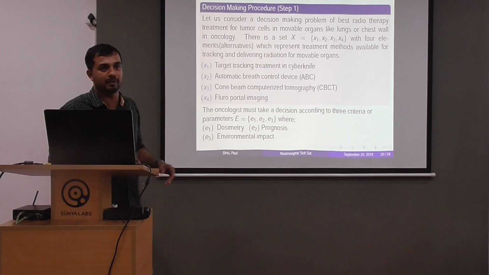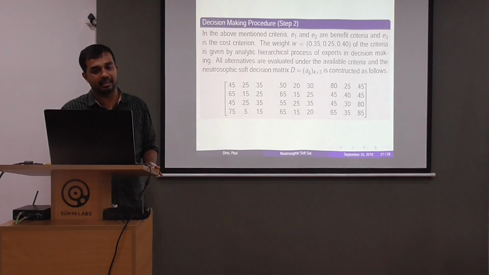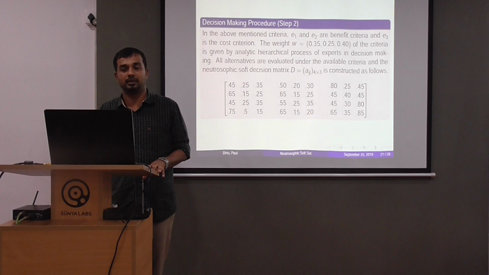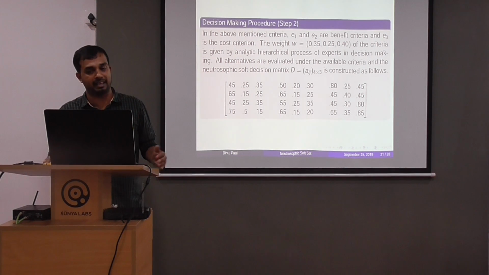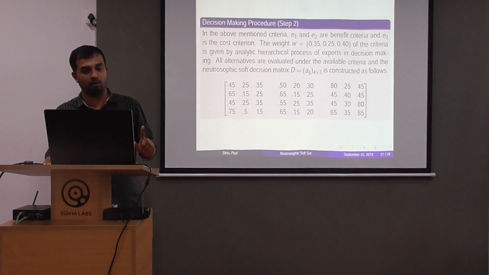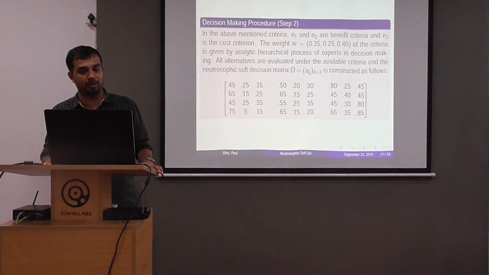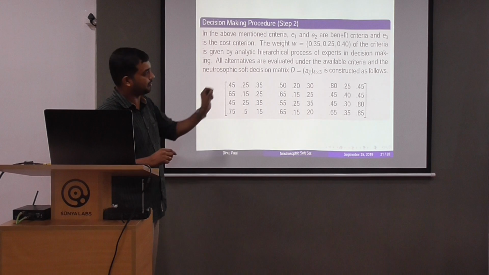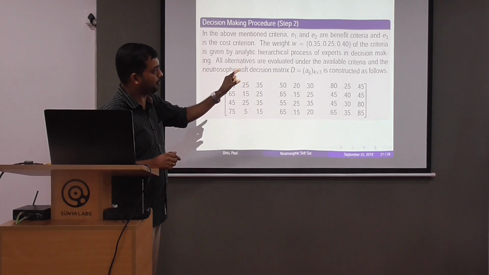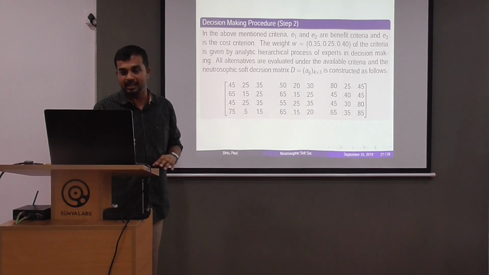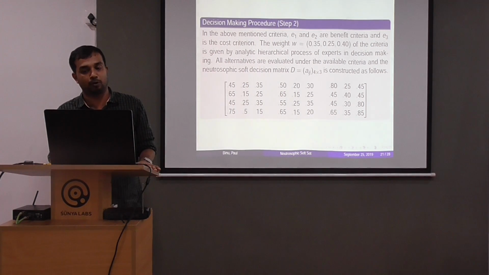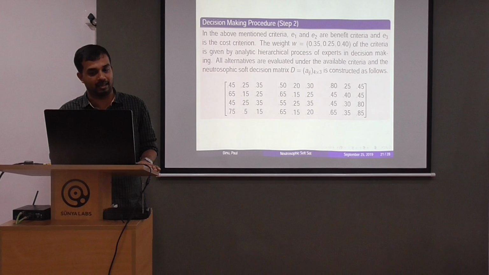The third one, environmental impact. Next, the decision making procedure in step 2. In the above mentioned criteria, E1 and E2 are the benefit criteria for the patient, E3 is the cost criterion. Then the Wj, we are saying each weight 0.35, 0.25 and 0.40 for each criterion, given by the analytical hierarchy process of experts in decision making.